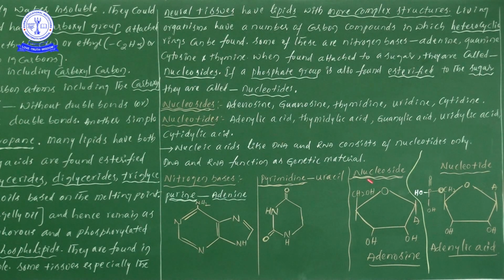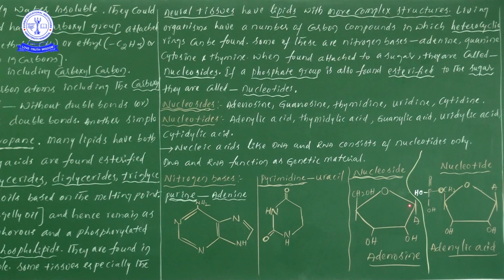Next one, nucleoside. A nucleoside is nothing but nitrogen bases with pentose sugar, isn't it? But in a nucleoside, which one is absent? Phosphate is absent. Now, nucleoside means this particular structure is a pentose sugar.